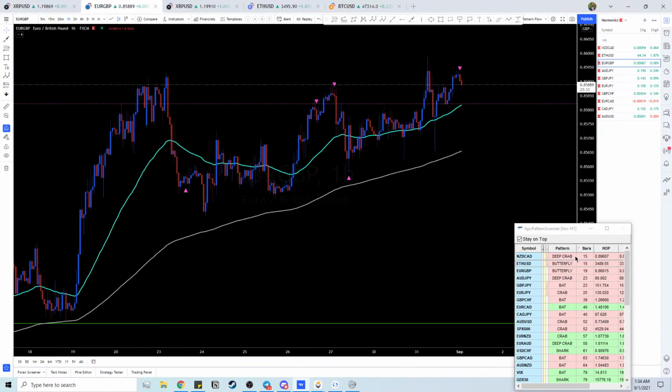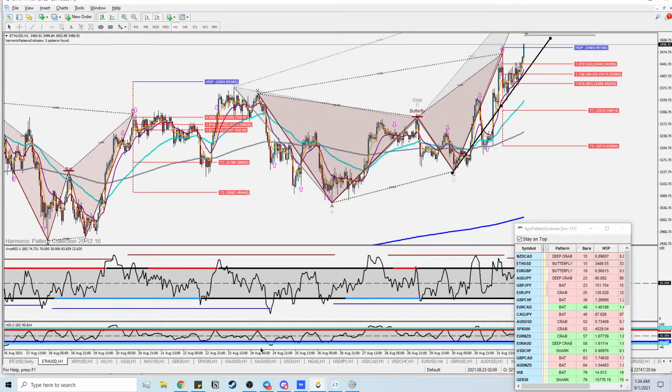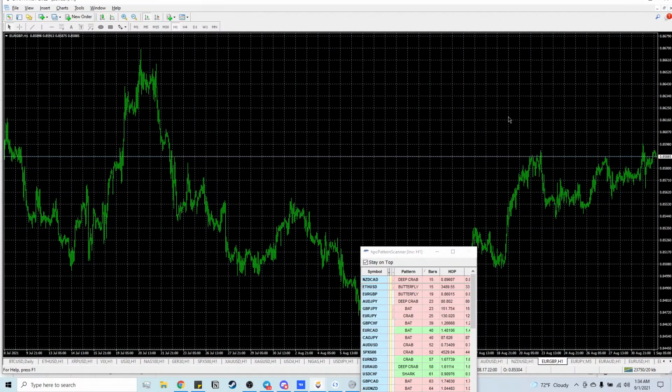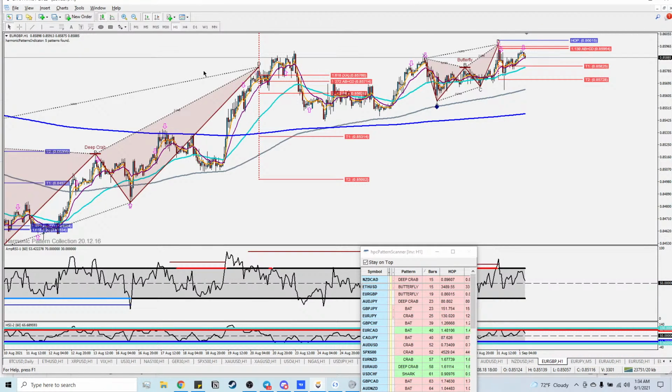You got Euro GBP. You also have another butterfly around the same pattern that was completed 19 bars ago. Pull it up on NT4. Euro GBP.